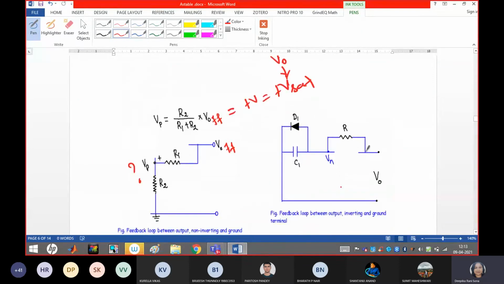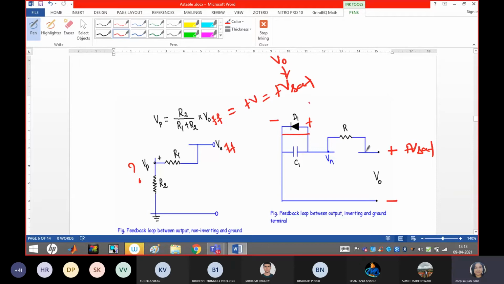Then this time we will analyze the circuit like this. Earlier, because of the plus Vsat, this terminal was positive and this terminal was negative. If this is positive and this part is negative, for the diode D1 the N part is negative and this is positive, and at that time this was a short circuit voltage.